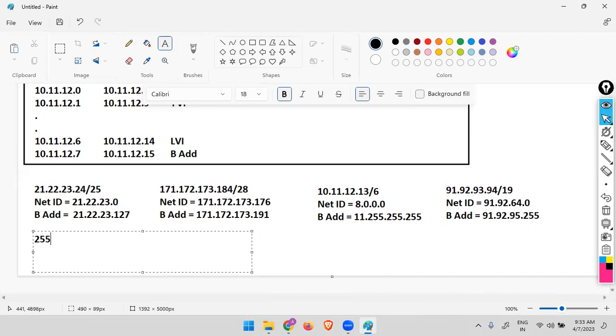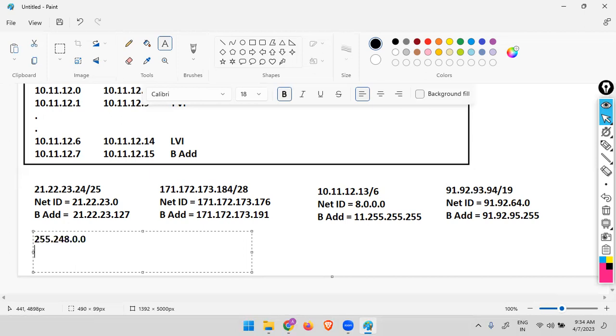Let's say the subnet mask is 255.248.0.0. What will be the slash notation for this? Slash 13.